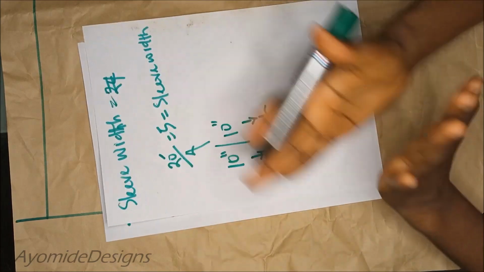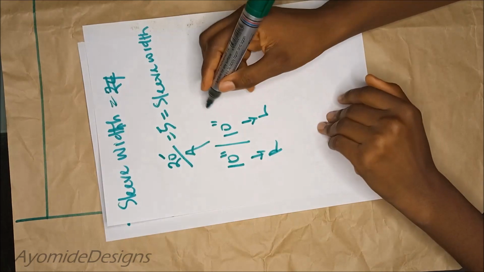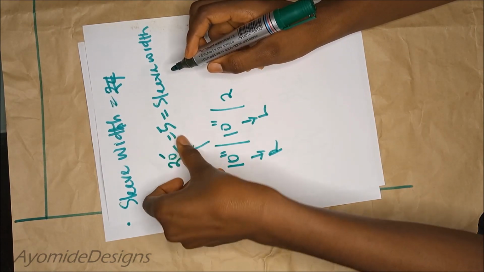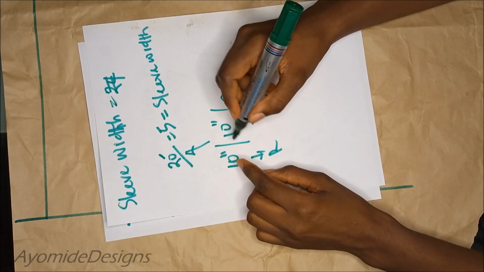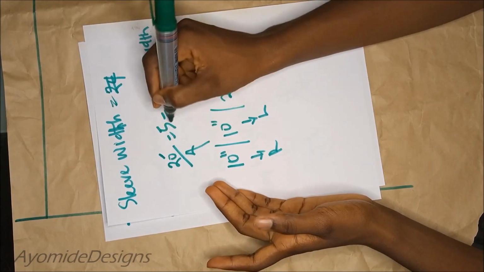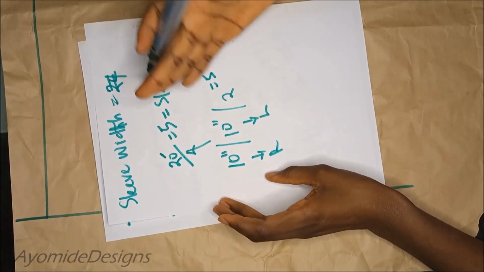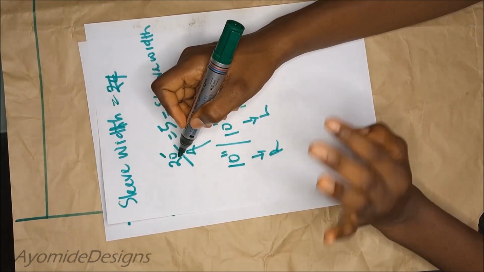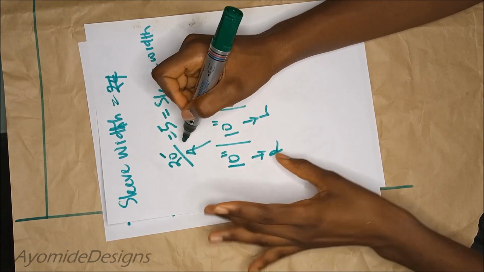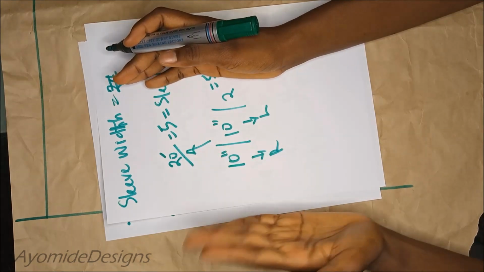And since we are drafting, we are going to be cutting our sleeve on fold, so you further divide it by 2. Instead of dividing 20 by 2 to get 10 and then dividing 10 by 2 again to get 5, just go ahead and divide this by 4 to get 5, just to cut out this long process. I just decided to explain it for us. 20 inches is what is required for both the left hand and the right hand. If you divide 20 by 2, you have 10 inches for the left hand and 10 inches for the right hand for both the front and the back.